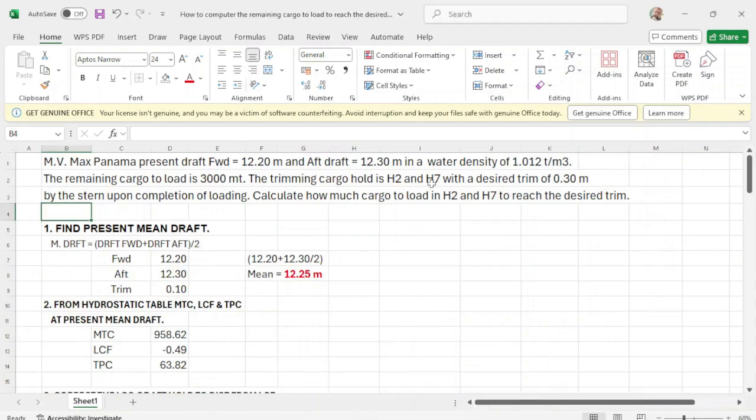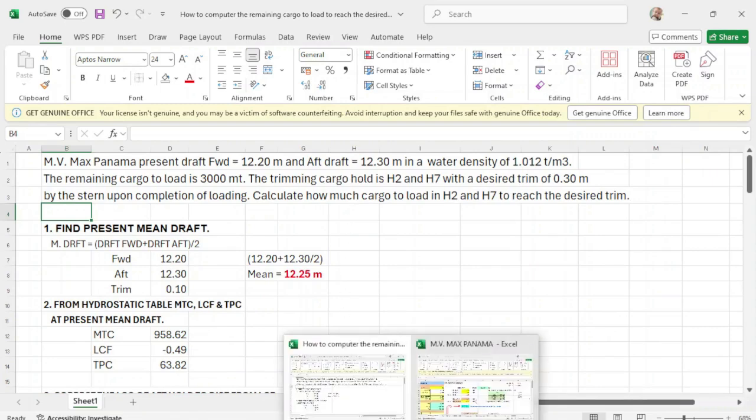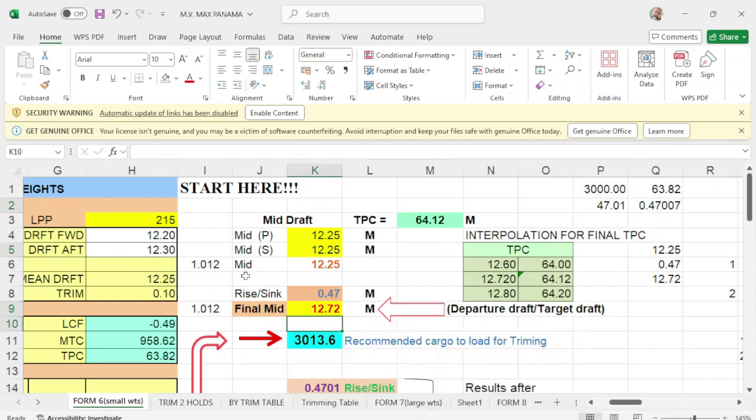So you are plotting a density of 1.012 with this draft. If this is your mean draft and you have no list, you are plotting a density of 1.012, and your final or departure draft would also be in a density of 1.012. I hope that's clear.